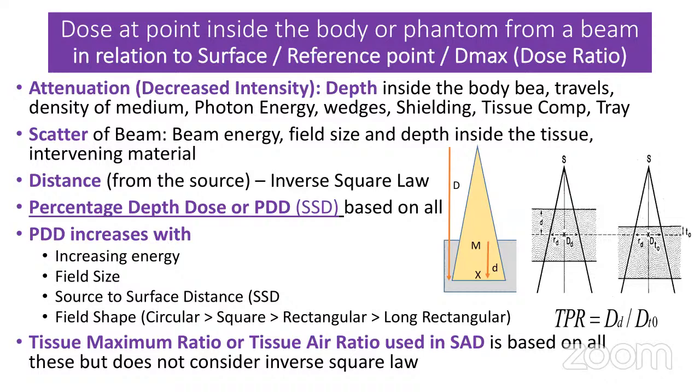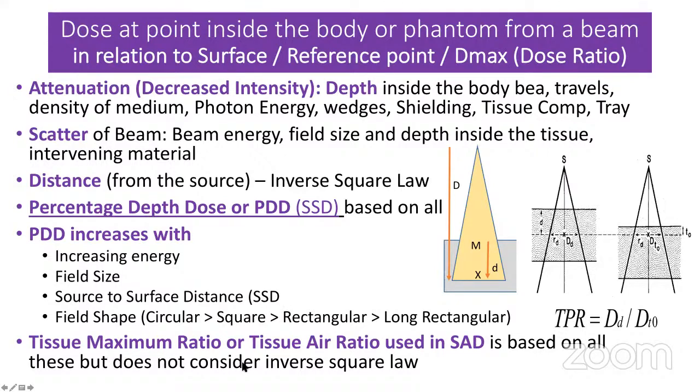Then you can use percentage depth dose. For each machine, for different field size, for different energy, you will have percentage depth dose charts. And there could be correction factors like the equivalent square field, and anything else which comes in the field, you will correct for that. And if the source to surface distance changes, then you have to correct for that.